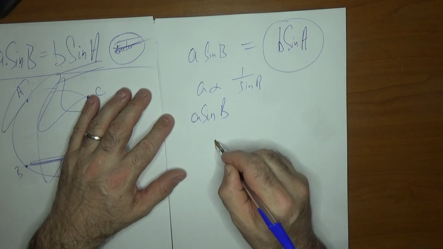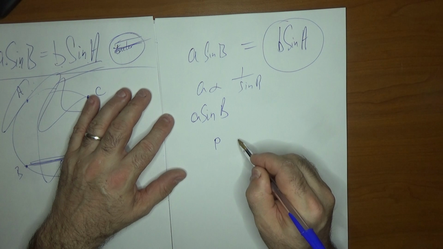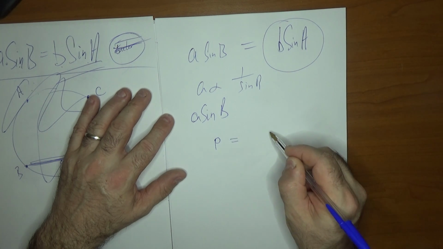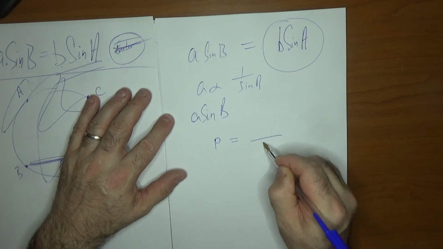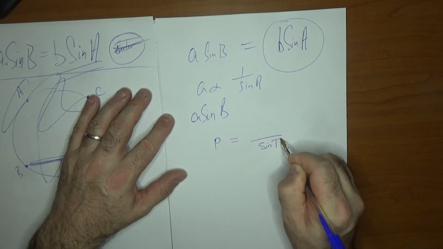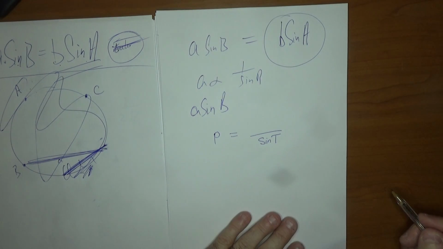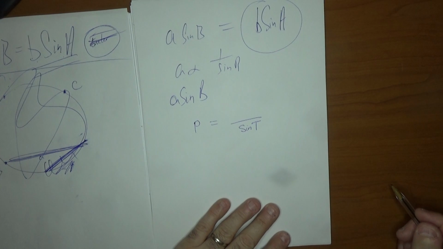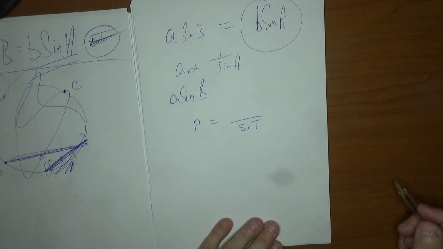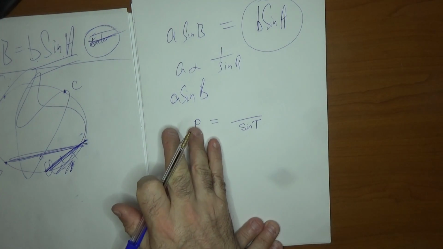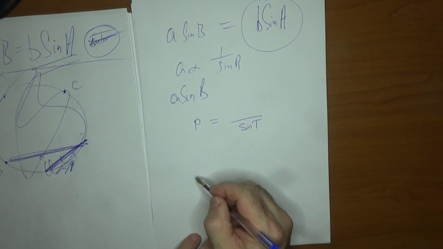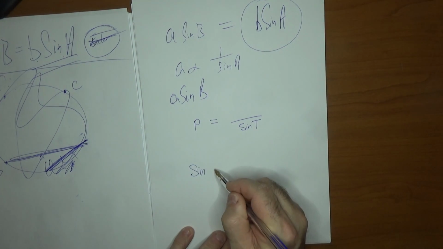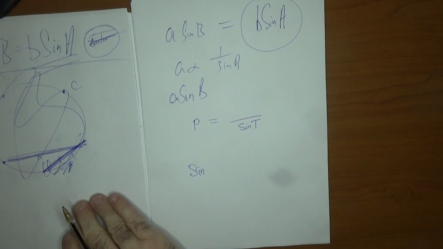So if I tell you P equals sine of T, you can fill in the rest. That's enough. And if I tell you nothing else to the left, we'll always make the left the subject of the formula.